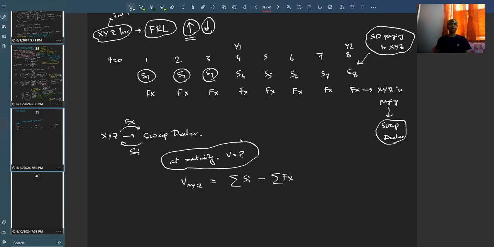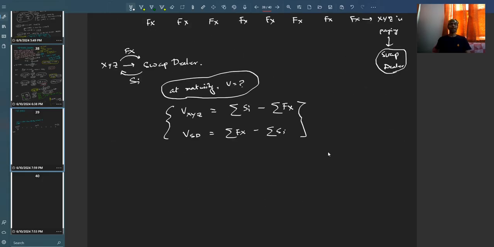And the contrary goes for the swap dealer. So the value to the swap dealer is equal to the sum of the payments it is receiving, that is the sum of all the FX, minus the sum of the payments it is paying, the sum of all the variable payments. So this is the value at maturity of this swap.